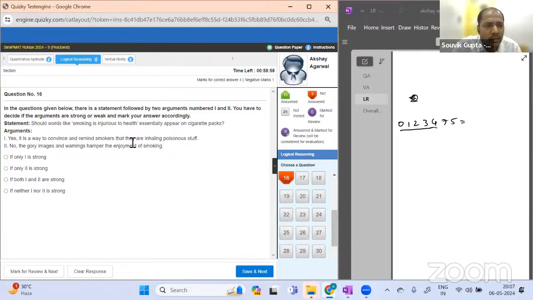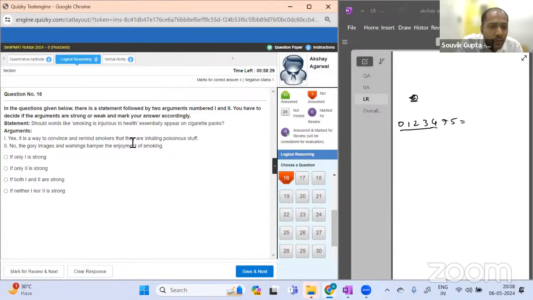Now, this is being done to basically remind. The whole purpose of words like smoking is injurious to health is to kind of draw attention to the ill effects of smoking. So the argument, yes, it is a way to convince and remind smokers they're inhaling poisonous stuff, is a strong argument.